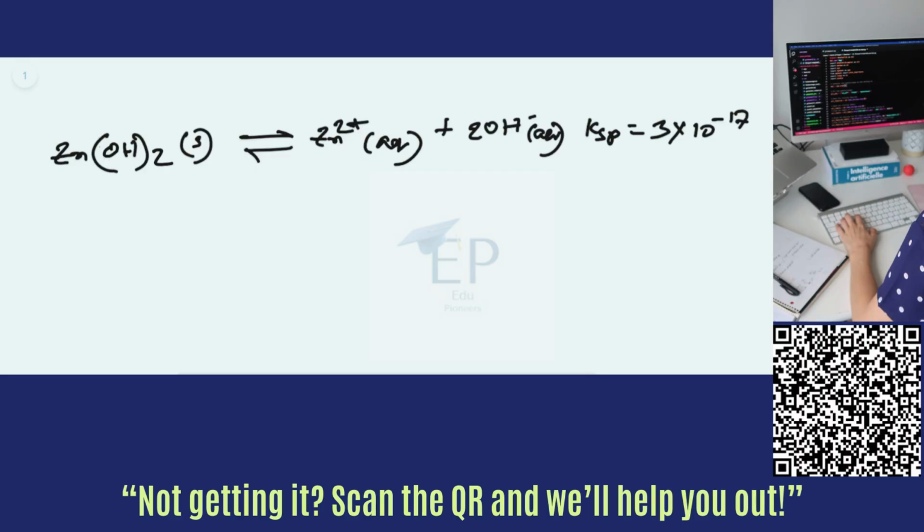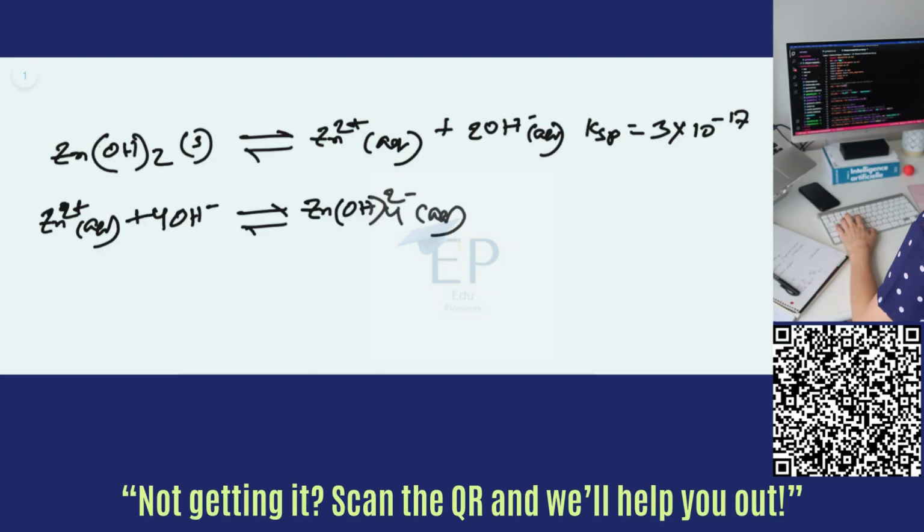Then we have to write down the formation of Zn(OH)4 2 minus, which is Zn2 plus in aqueous, and then we have to add 4 hydroxide ions to have the Zn(OH)4 2 minus in aqueous, and the formation constant for this reaction is 2 times 10 to the power 15.